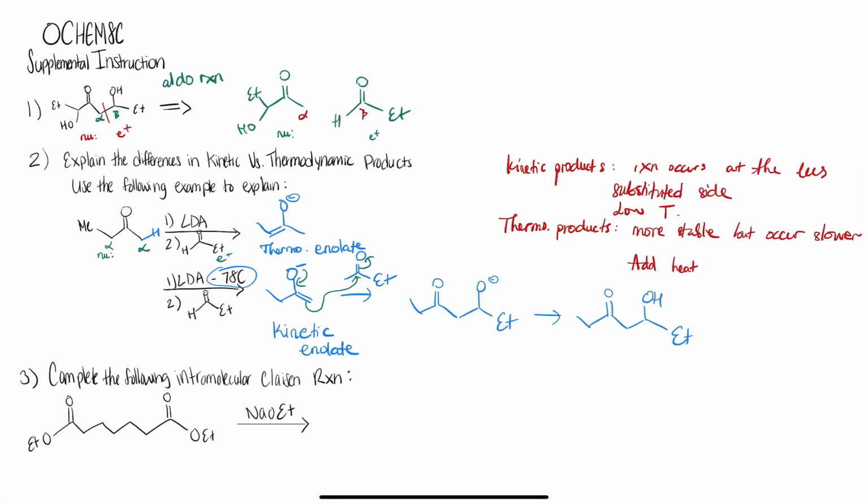And then we also have the same electrophile. So the final product will look like this. So the same starting material, but we can end up with different products depending on the temperature.